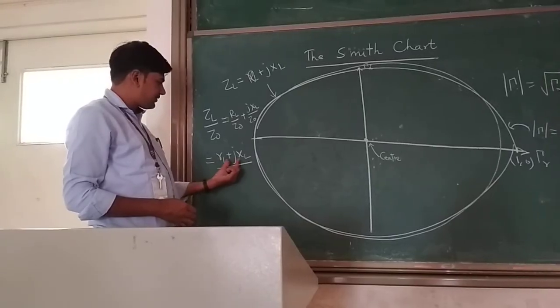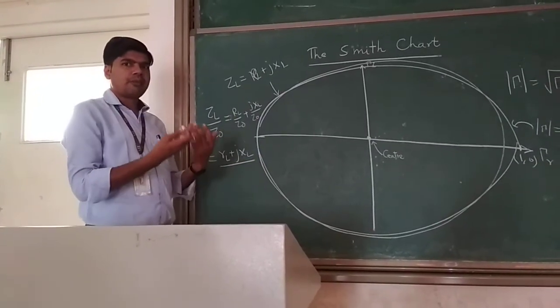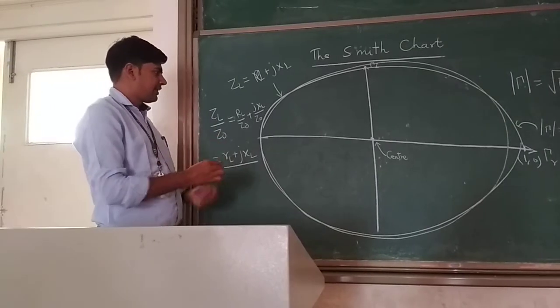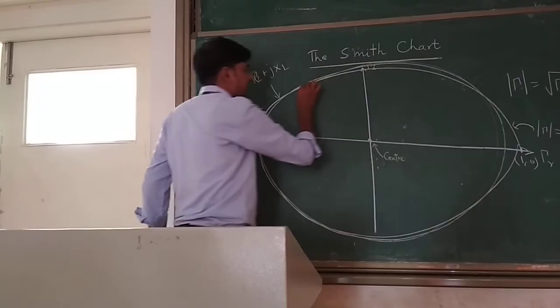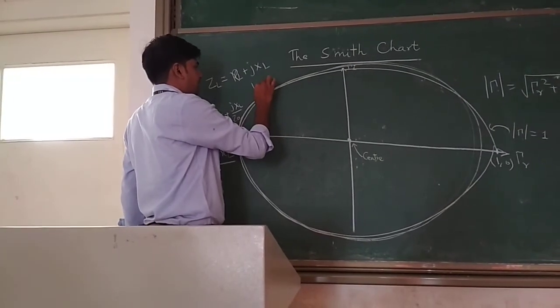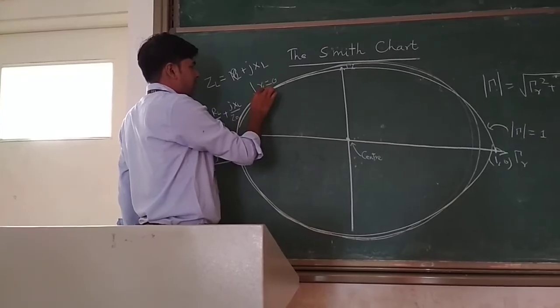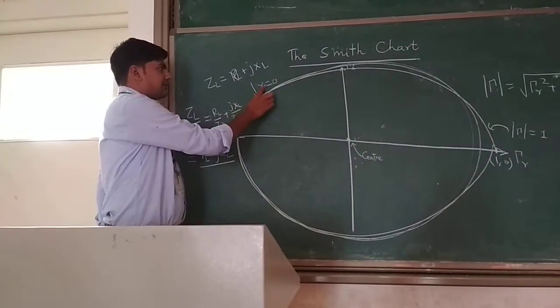To represent these two on the Smith chart, we have to know where the impedance plane is. So this outer circle, which is gamma equal to 1, represents RL equal to 0. We can say for general representation R equal to 0.